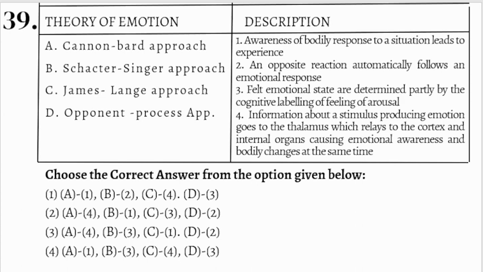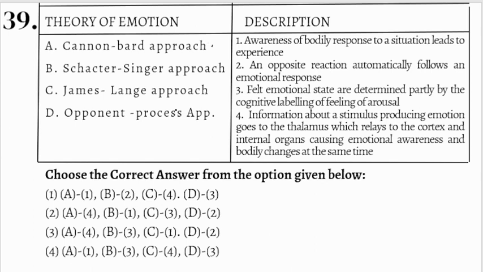Okay, Cannon-Bard approach. You can remember it with a simple, quick tip: killing two birds with one stone. Like there's a cannon which kills two birds in one go. So herein both the emotion and the autonomic, physiological response are felt at the same time.